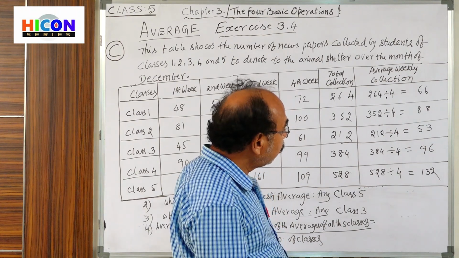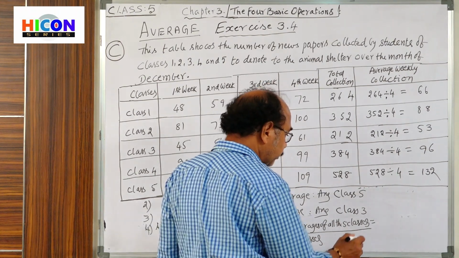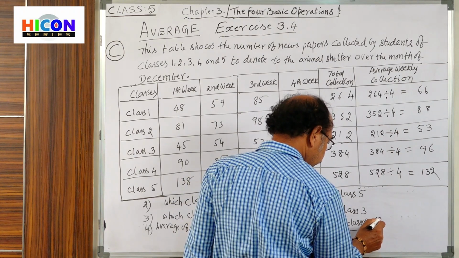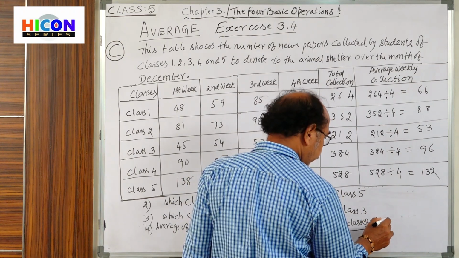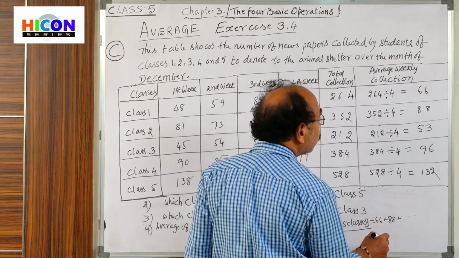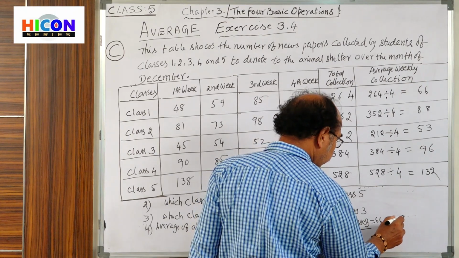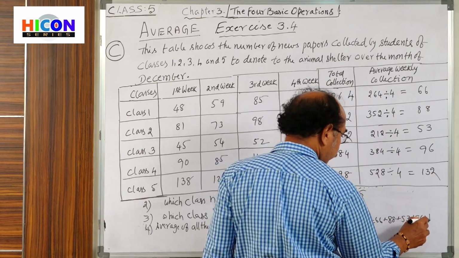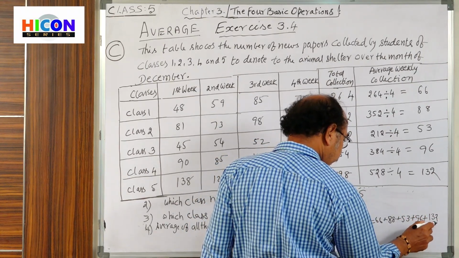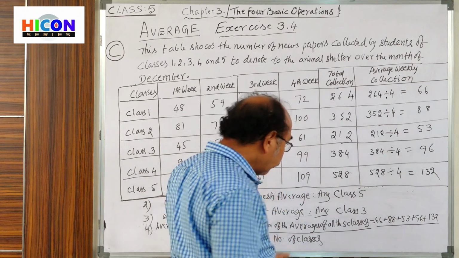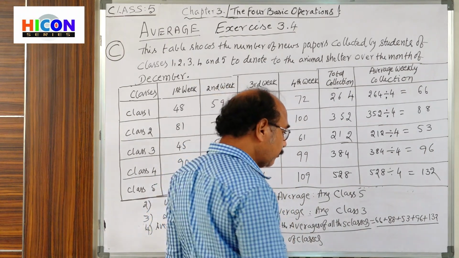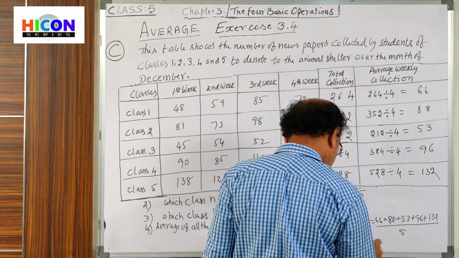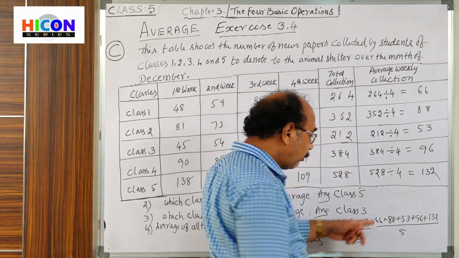That means here 66 plus 88 plus 53 plus 96 plus 130 divided by number of classes, how many? 5. That is equal to, add all these numbers.